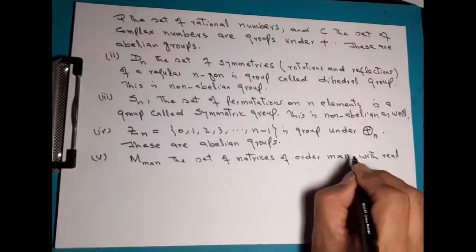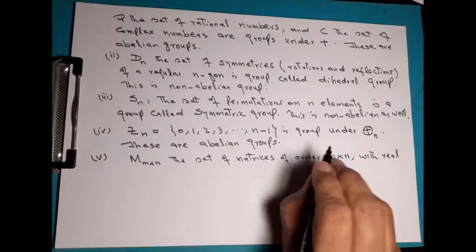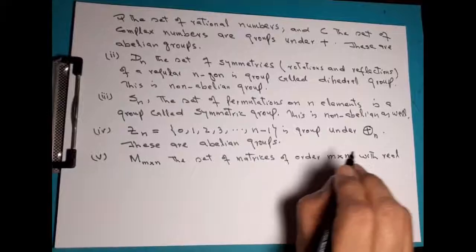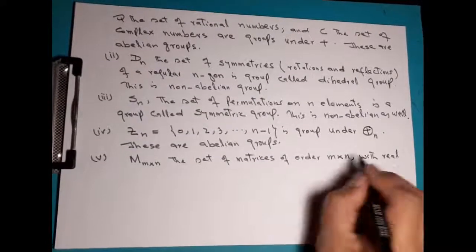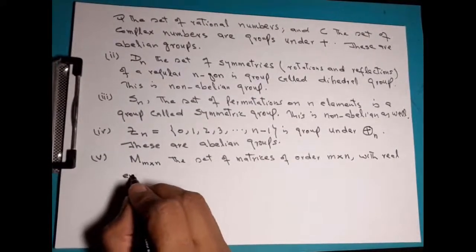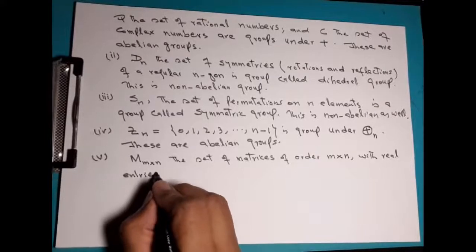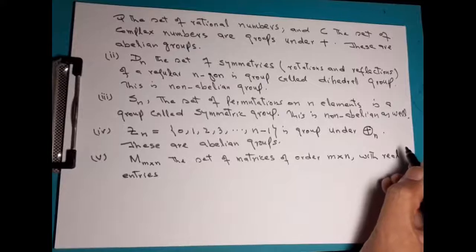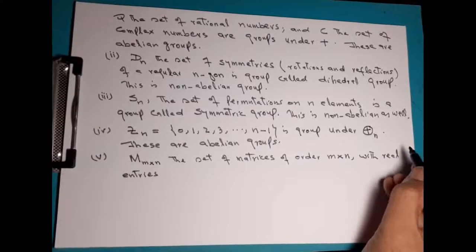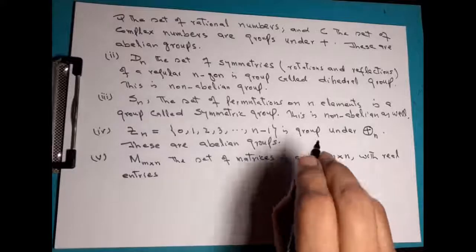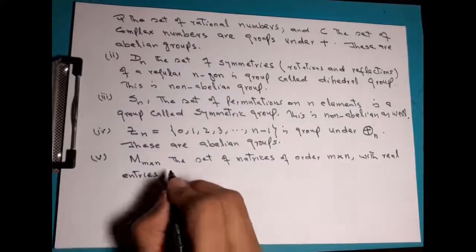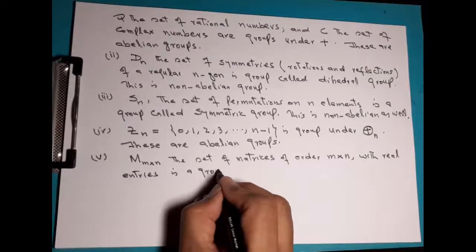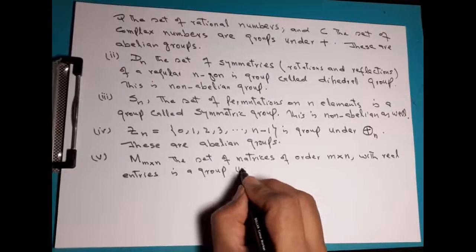Real entries means elements in entries of each matrix will be real numbers. So the set of matrices of order m by n with real entries is a group under addition of matrices.